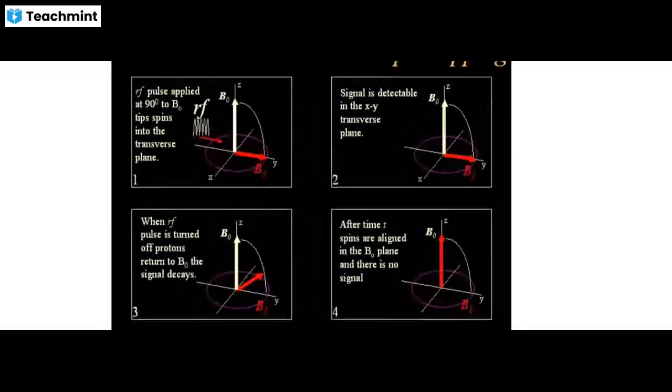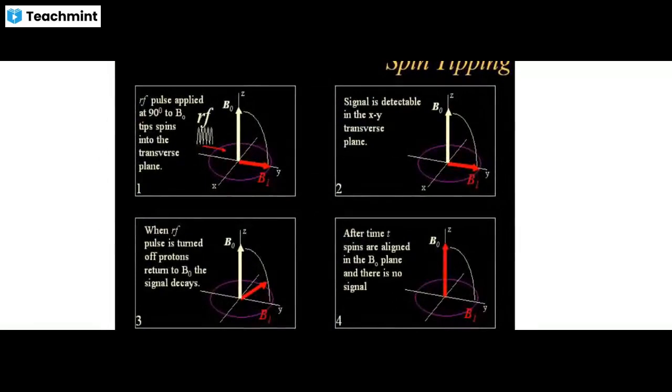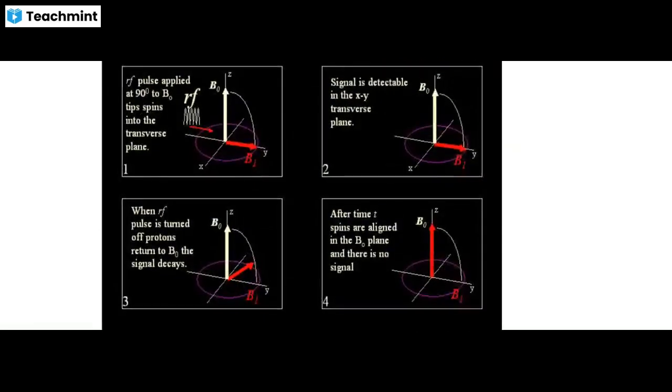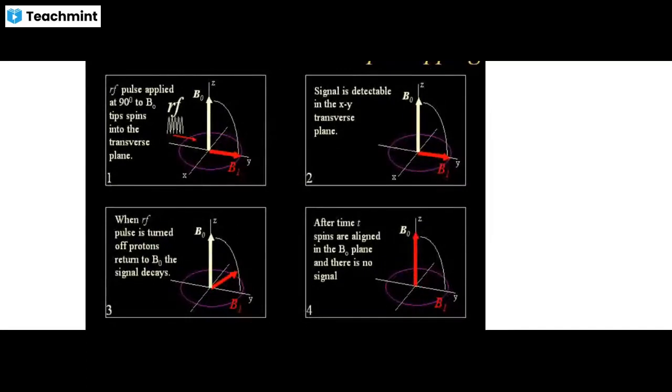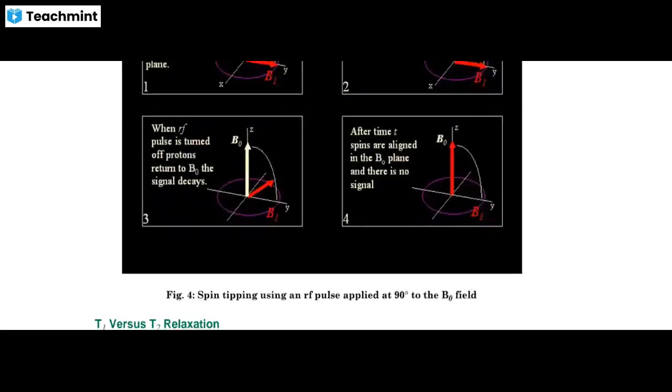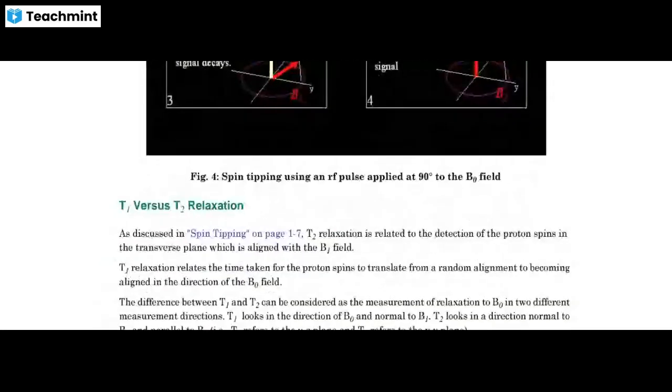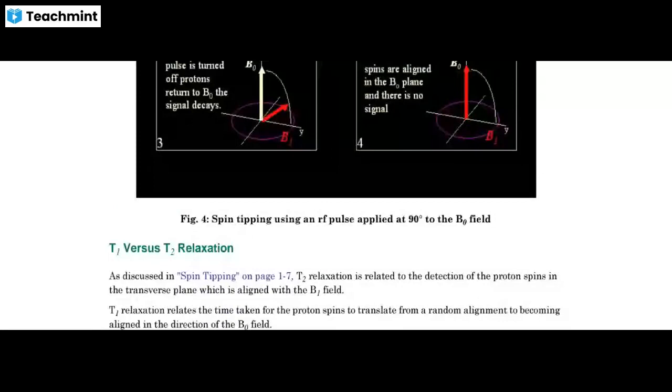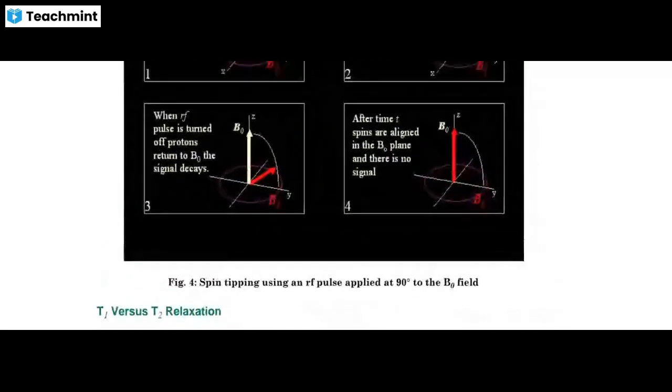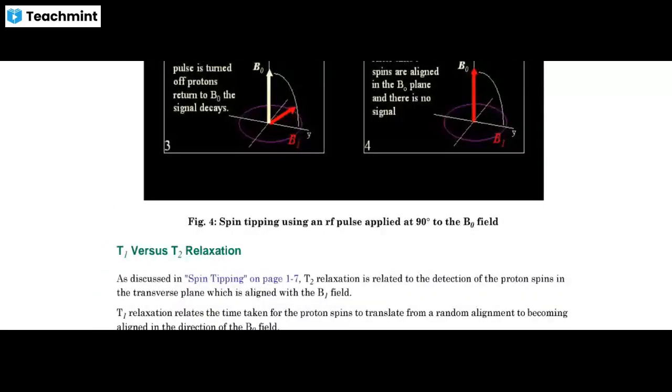Then number 3, when the RF pulse is turned off, protons return to B0 and the signal decays. And number 4, after time t, spins are aligned along B0, and there is no signal in the plane. So this is spin tipping using the radio frequency pulse applied at 90 degrees to the magnetic field B0.